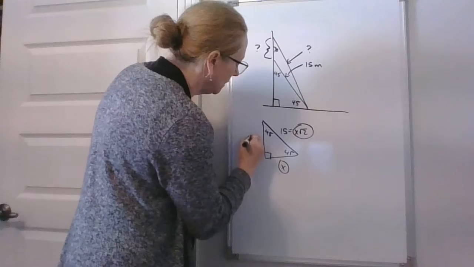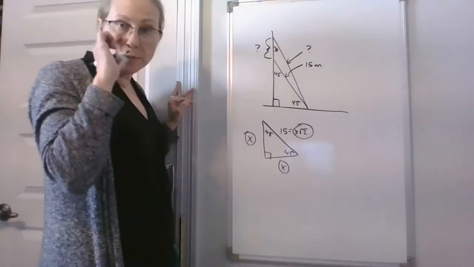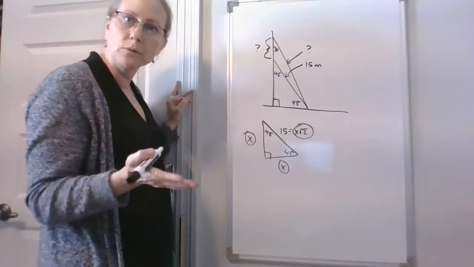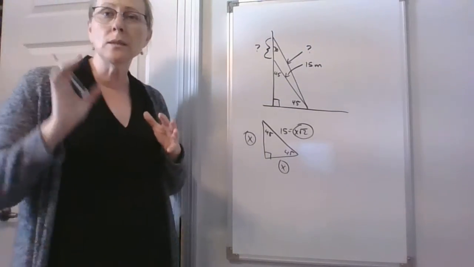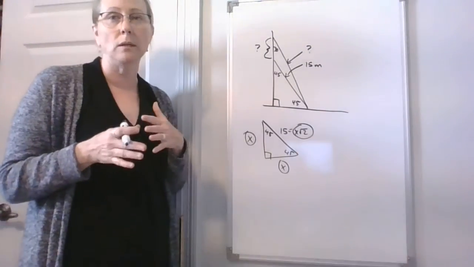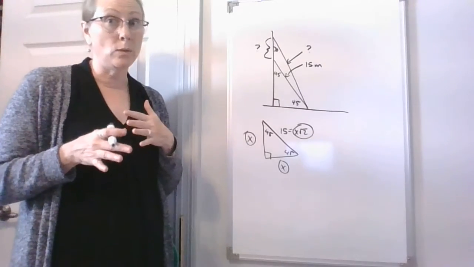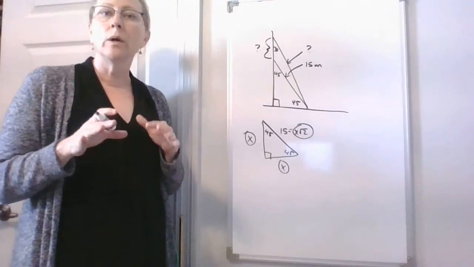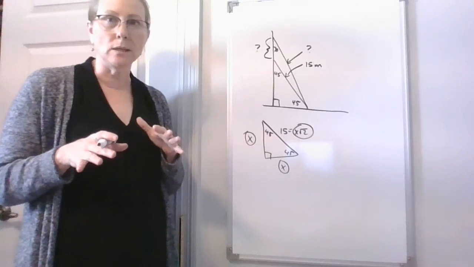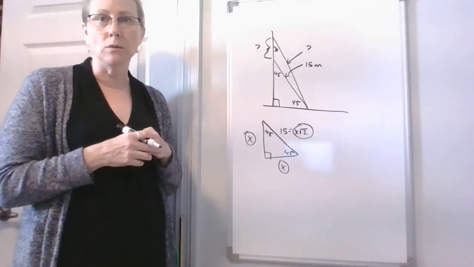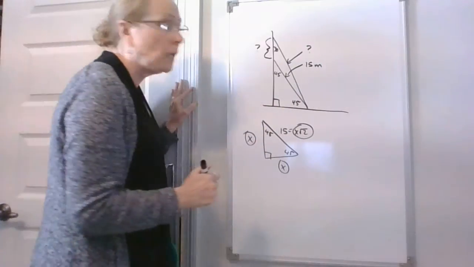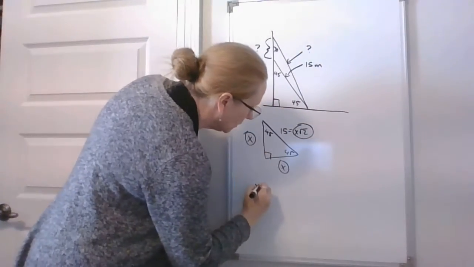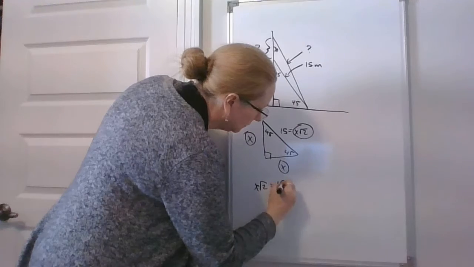This side is x and this side is x. Well, what do you have to do? You have to solve it. You have to rationalize. Well, actually, in this one, because they want the lengths and you don't need to rationalize, you can get away with decimals, but we're going to practice not using decimals until we answer the final answer. So here, if this is 15 equals x root 2, then x root 2 equals 15.